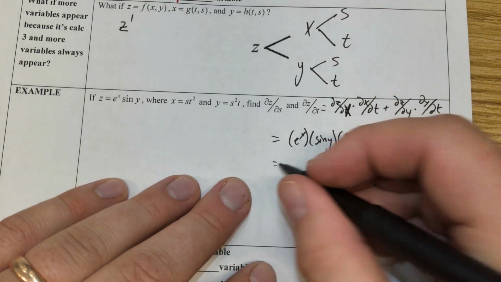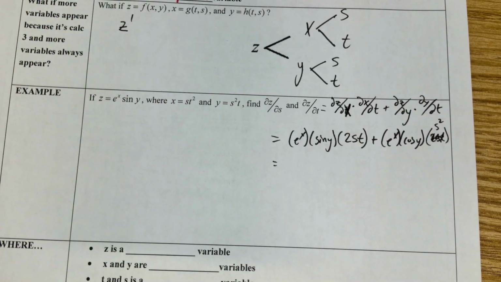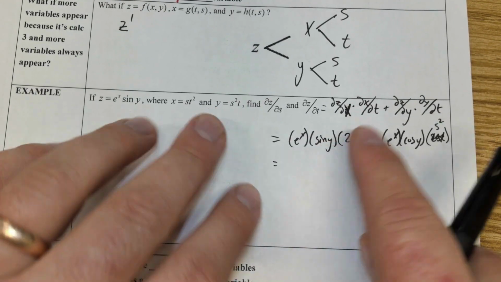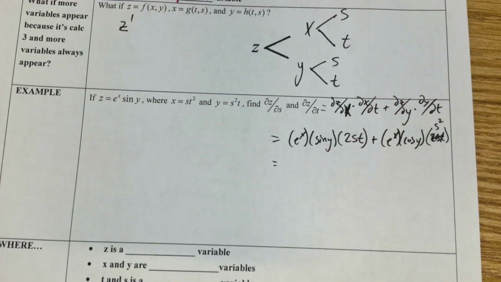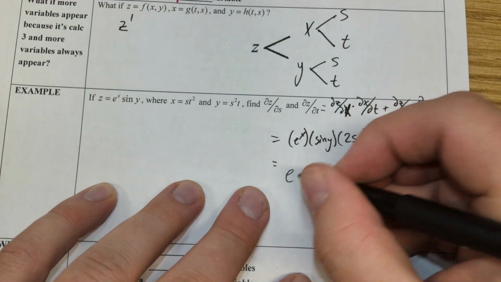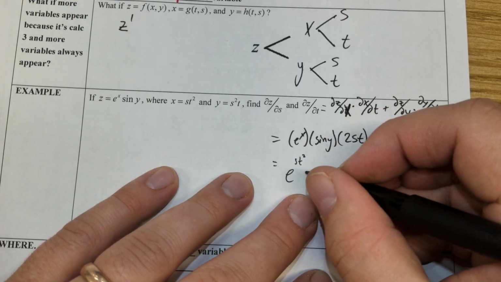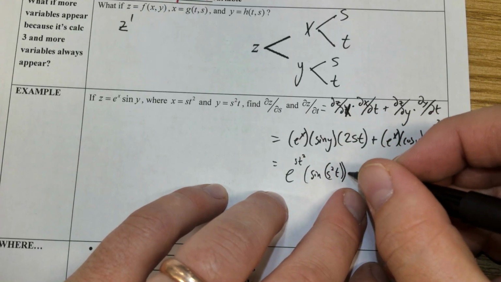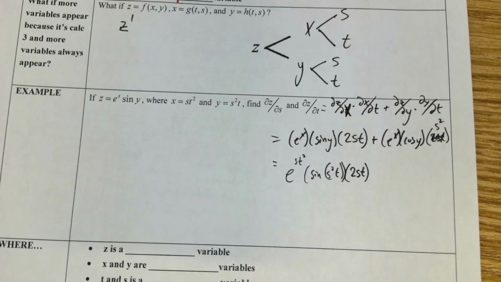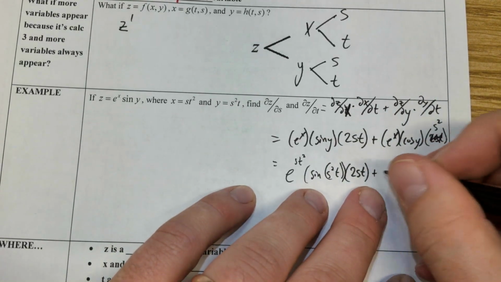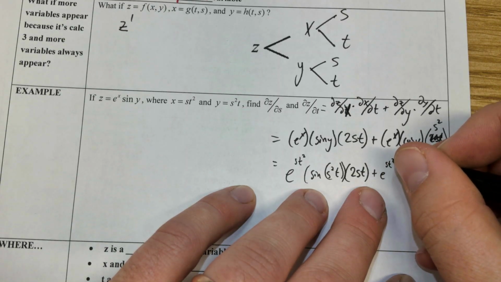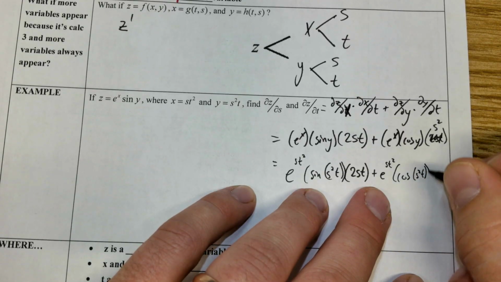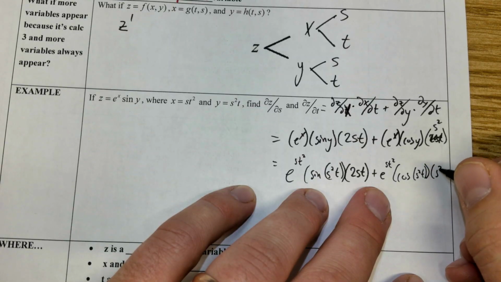And so that means when I summarize these things and put them all together, we're going to do the unthinkable. We're going to plug in all the x's and y's for s's and t's. So this final conversation shows what the issue is. E to the power st squared times sine of s squared t times 2st plus e to the power st squared times cosine of s squared t times s squared.